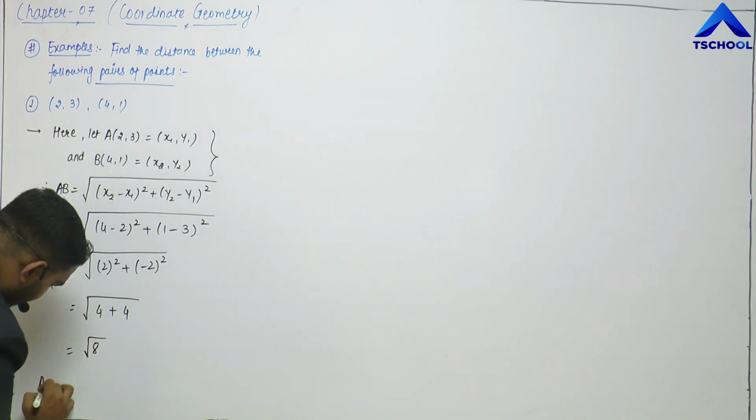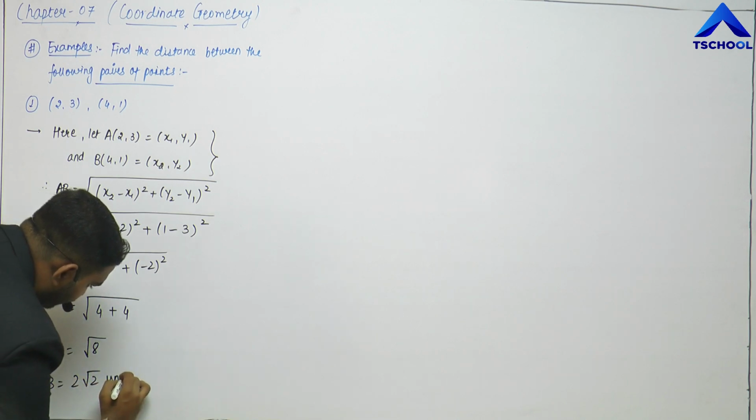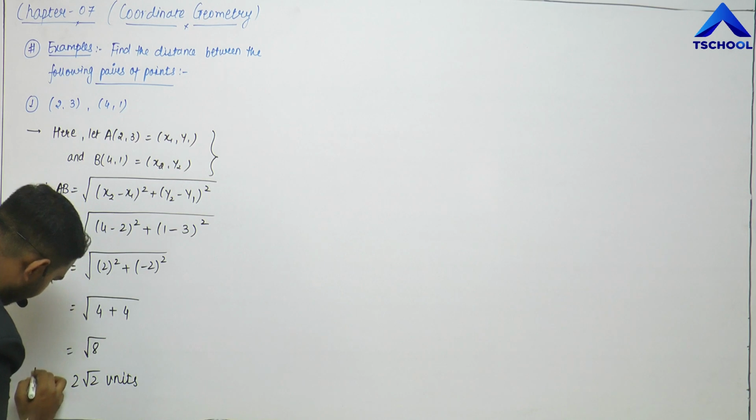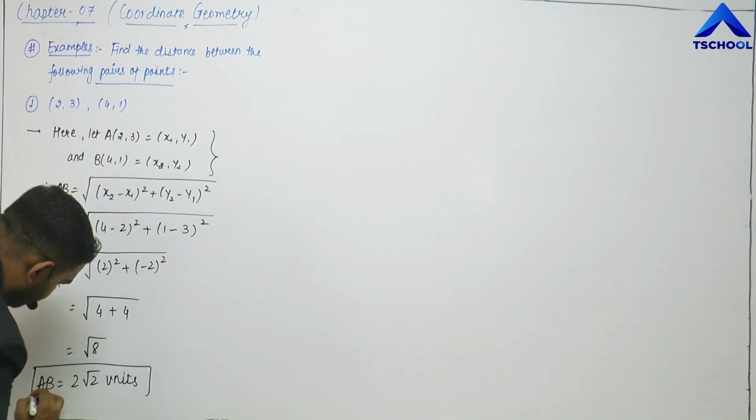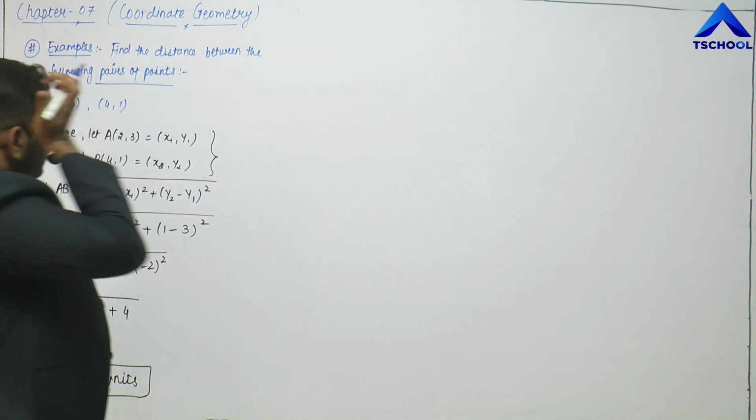Hence you can say that the distance AB is equals to 2 root 2 units. Okay, so this is the distance between the points A 2 comma 3 and B 4 comma 1. Is it clear, friends? Right, let us solve some more.